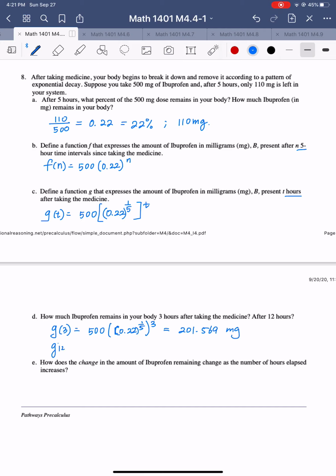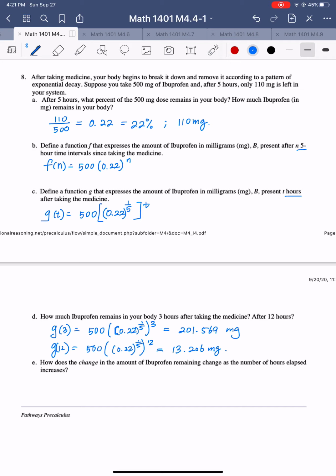And then after 12 hours is 500 times 0.22 to the 12/5 power, which becomes about 13.206 milligrams.